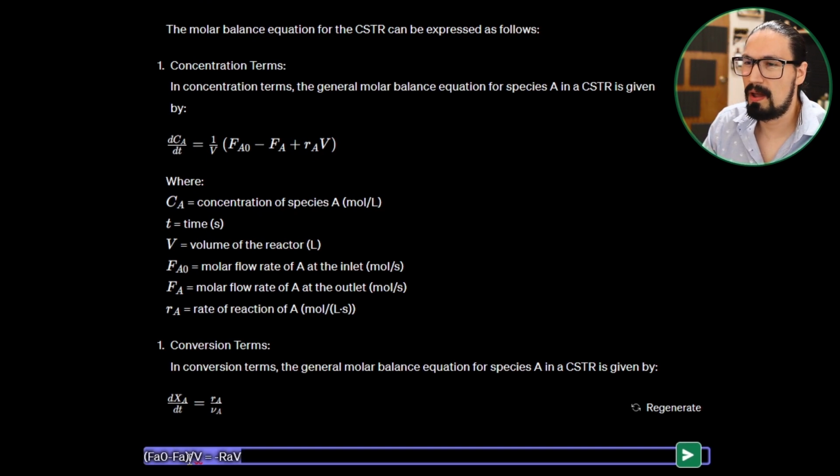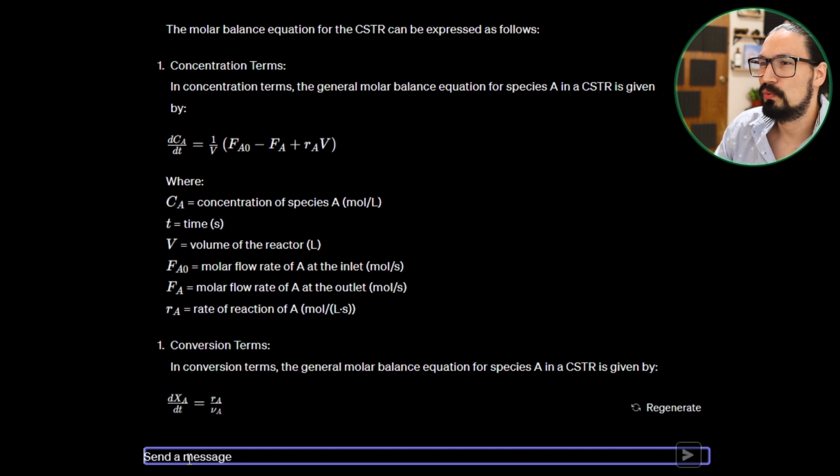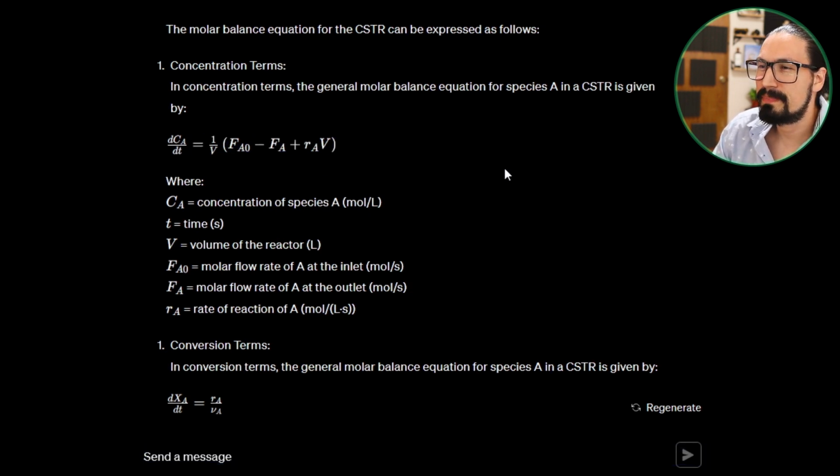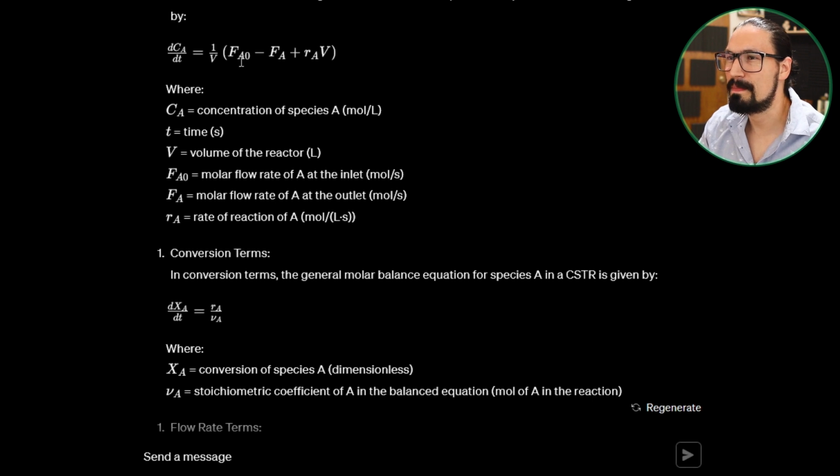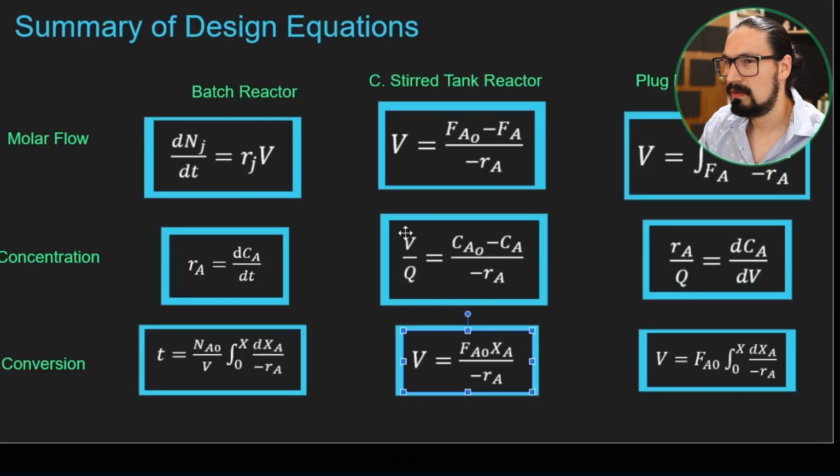So no, I'm not quite happy with this solution. It's going to be canceling to 0. So yeah, we could say overall it is kind of correct. Of all terms, concentration terms will be the one that approaches the most to this solution.